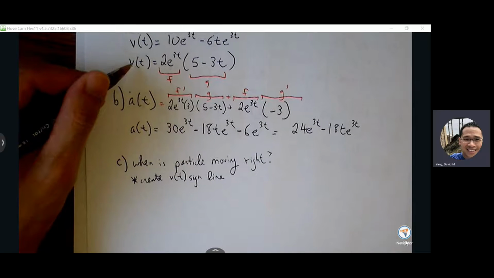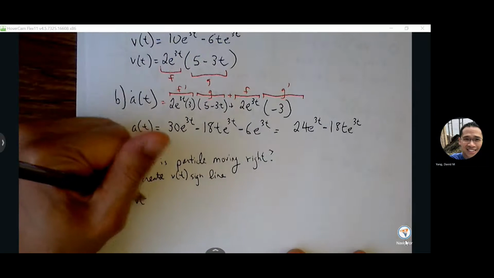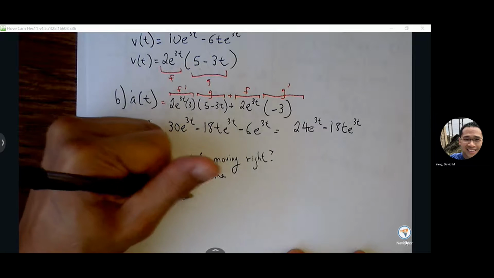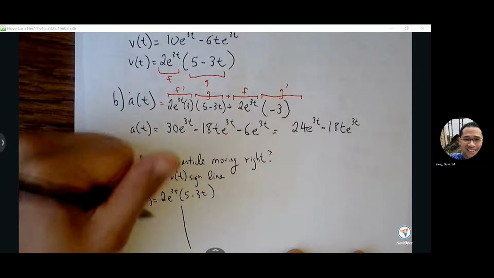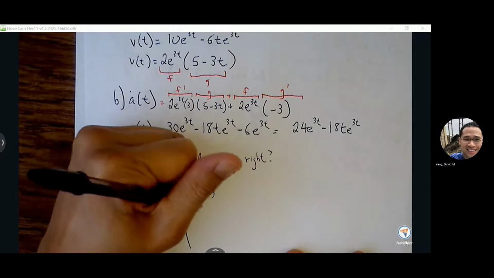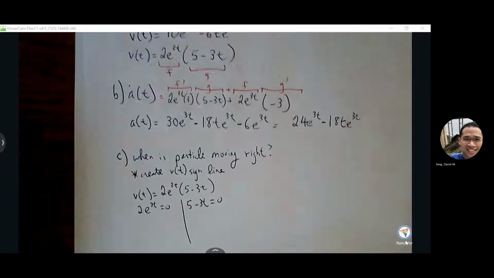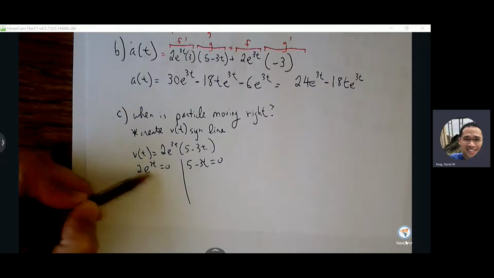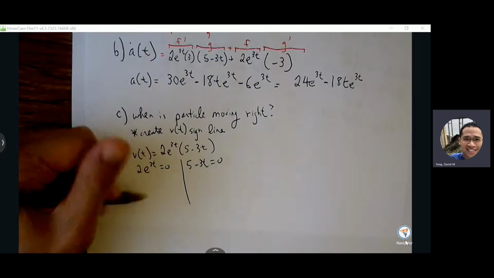So we set velocity equal to 0. Nothing will come out of this. We know that exponential function e to the x is always going to hover above 0, so it's never going to be equal to 0. So none here.